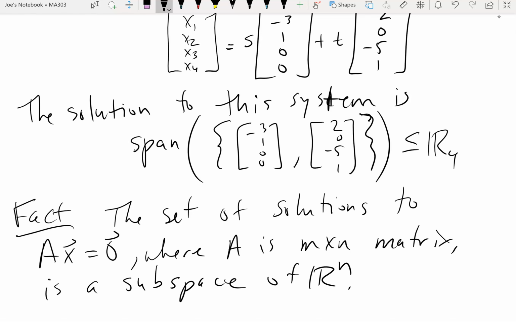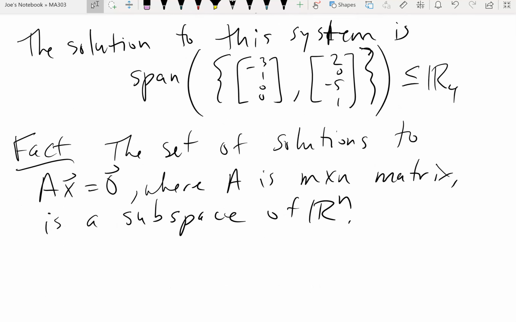This particular subspace has a special name that we'll talk about it's going to be a while. 5.6, I think. Yeah, 6 or 5.5. It's not hard to check that this is a subspace.